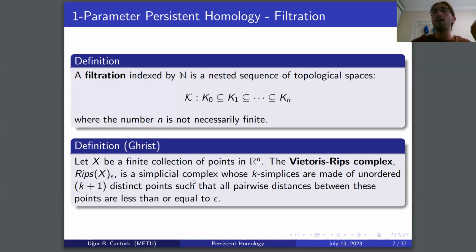Here, a k-simplex of our simplicial complex is made of unordered k+1 distinct points such that all pairwise distances are smaller than or equal to epsilon. So if you see two points have a distance smaller than or equal to epsilon, then you draw an edge between them.